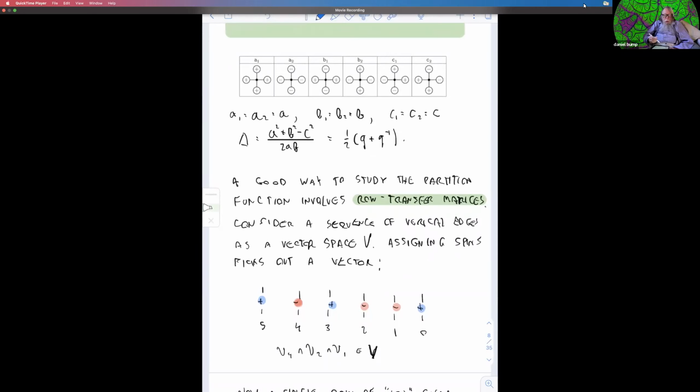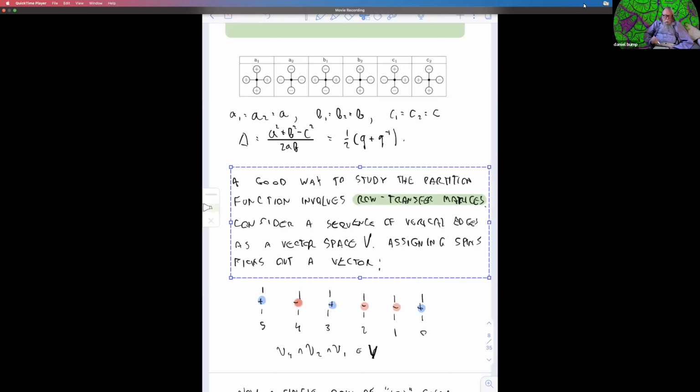I want to study the row transformation. Let me explain what I mean by that. If I consider a sequence of vertical edges with spins assigned to them, this can be thought of as picking out a basis vector in a vector space. For example, I've labeled the columns from 0 up to 5, and I have minus spins in columns 1, 2, and 4.